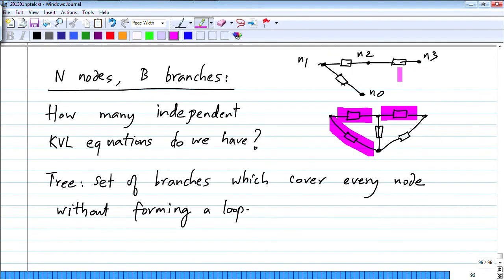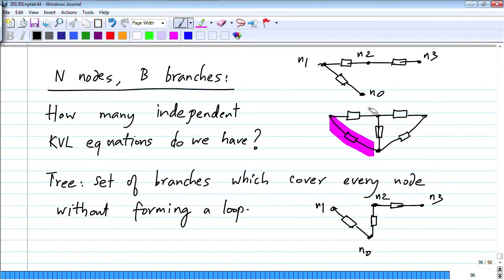Now this is not the only choice. We can have some other choice like this, and there are many choices. I am not going to list all of them, but for instance, you could have this and this one in the middle and this one. This is N0, N1, N2, N3. So there are many possible trees, but what all the trees have in common is that they cover all the nodes without forming a loop.